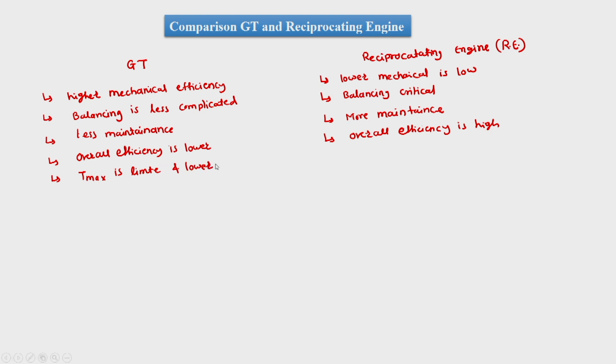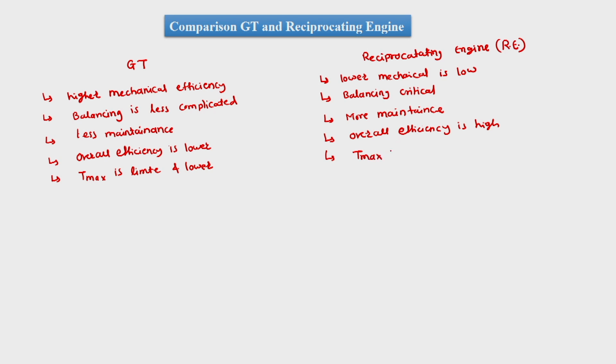The strength of the material which is getting exposed to high temperature decreases, and hence the rotary components like turbine, when exposed to very high temperature, would have lower strength. Therefore, we cannot expose the gas turbines to very high temperature as we can expose the reciprocating engine in case of the power generation. Hence, reciprocating engines have higher Tmax than the gas turbine engines, and due to this fact, since Tmax is higher, they have higher overall efficiency in operation than gas turbine engines.